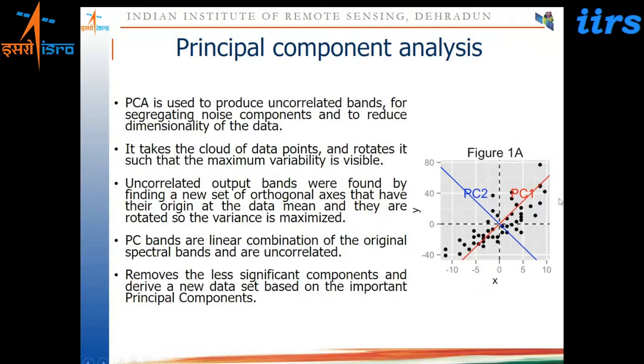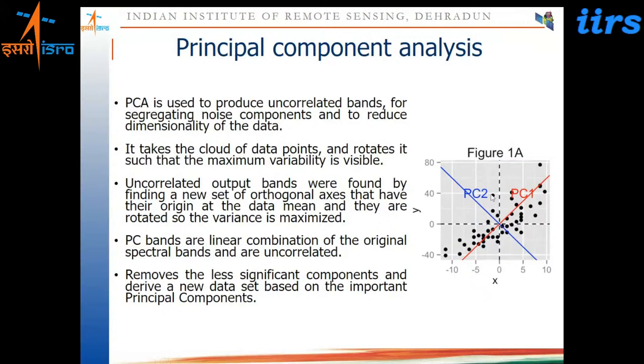The second PC, the third, the fourth, all PCs will be perpendicular to the previous PCs. So PC1 is the first component, PC2 is the second component and is orthogonal to PC1, and so on for all the components.